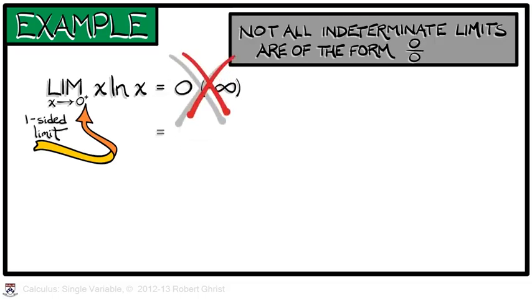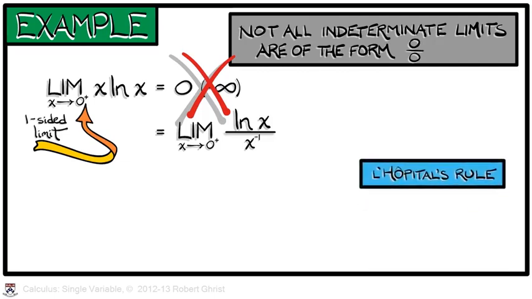Once again, let us put this over a denominator. In this case, we'll move the x to the denominator and call it 1 over x, so that we have a ratio of two functions: log of x over x to the minus 1.